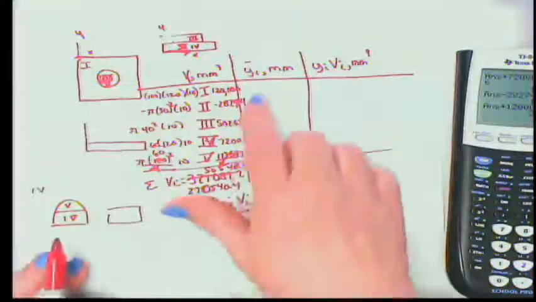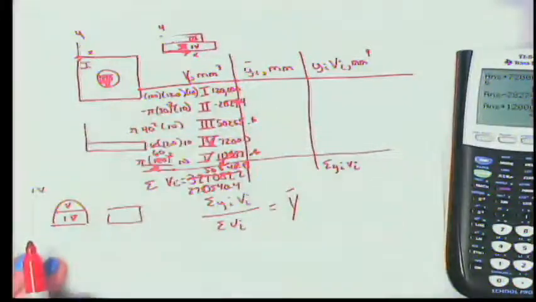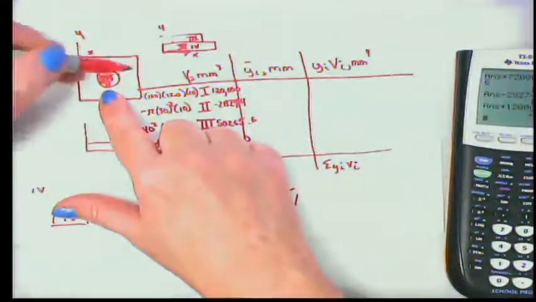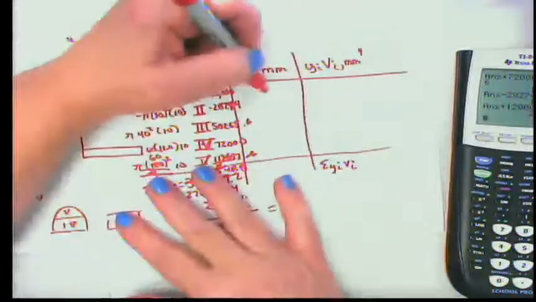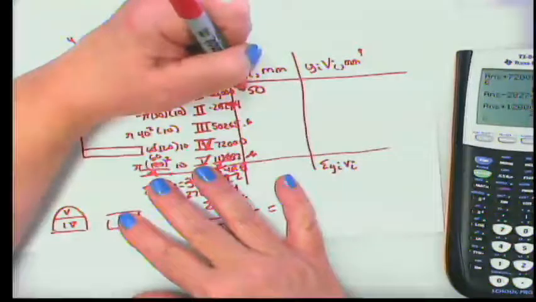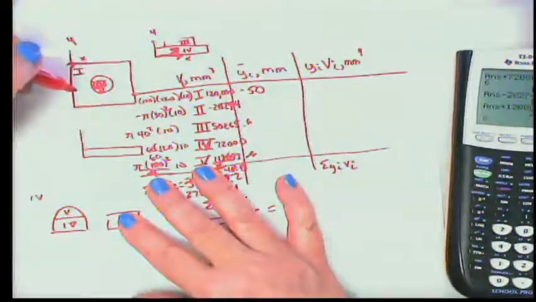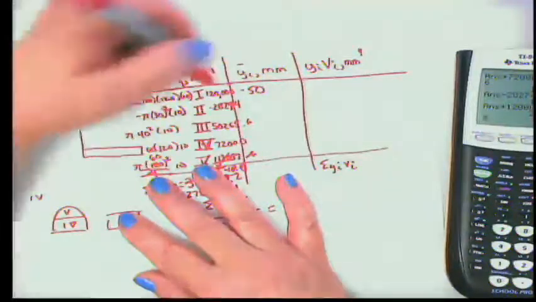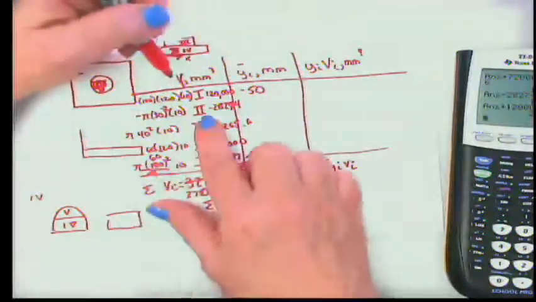All right, so let's take a look at our y bars. That's actually going to be a little easier, isn't it? Part 1 goes below the x-axis, and it's 50 millimeters, so it's a negative. That circle is centered, so it's also at negative 50.